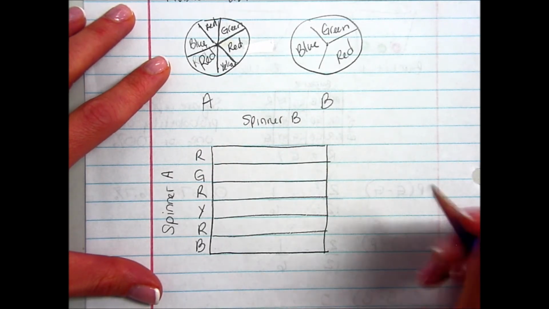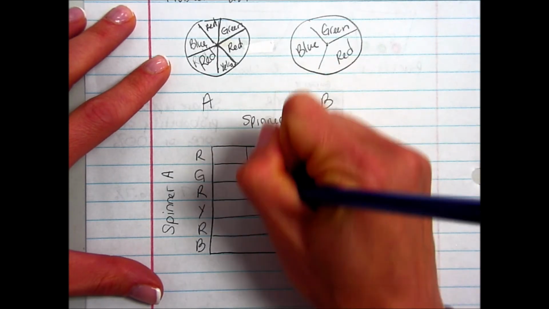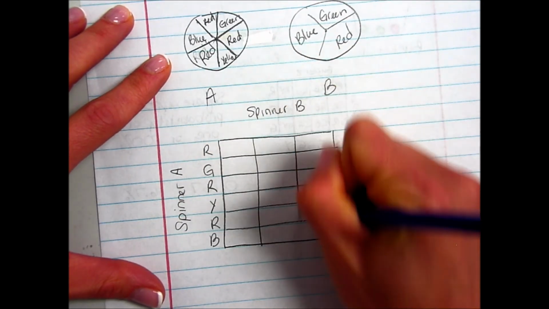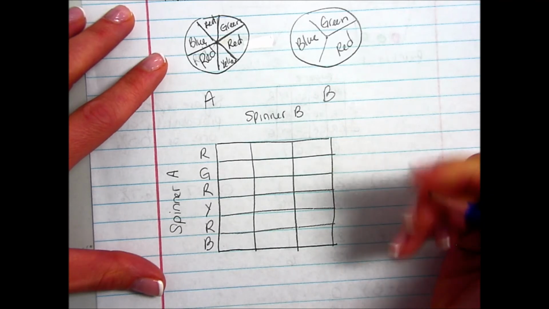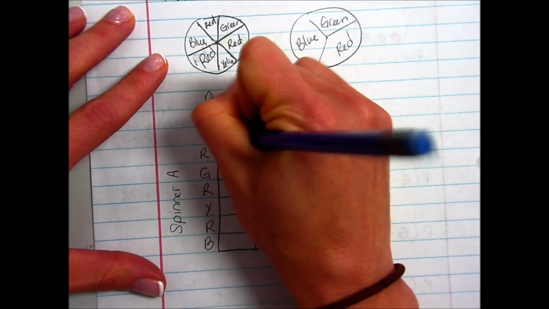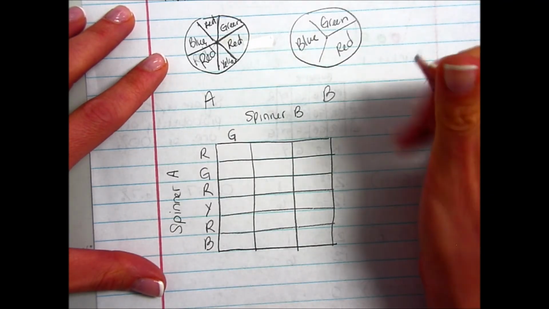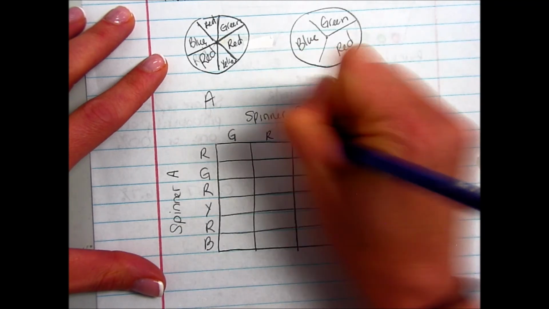Spinner B has 3 sections. It has a green, and it has a red, and it has a blue.